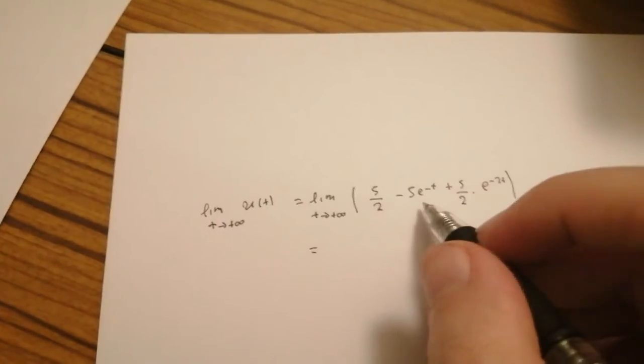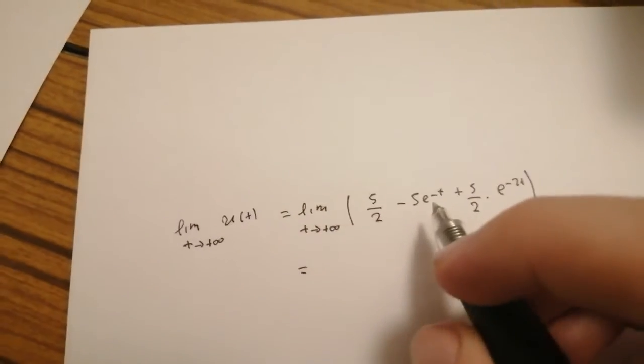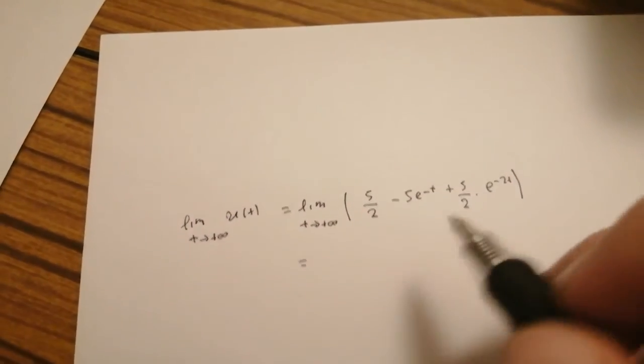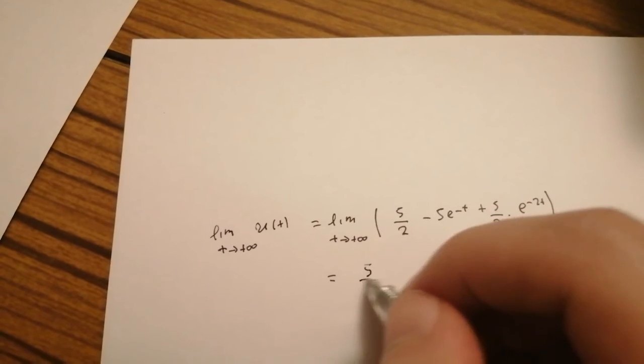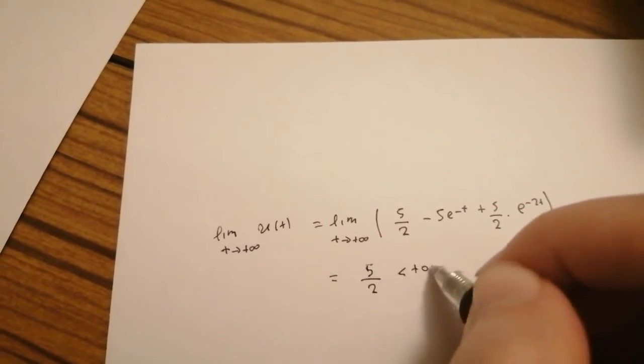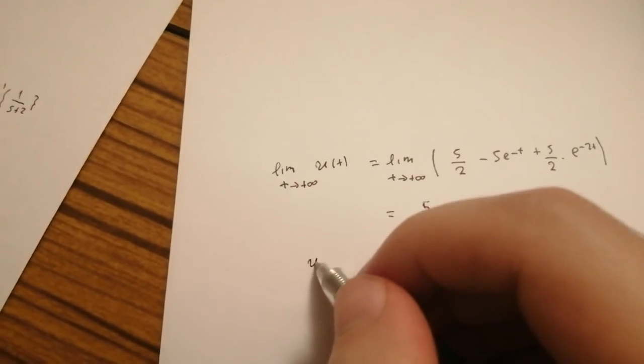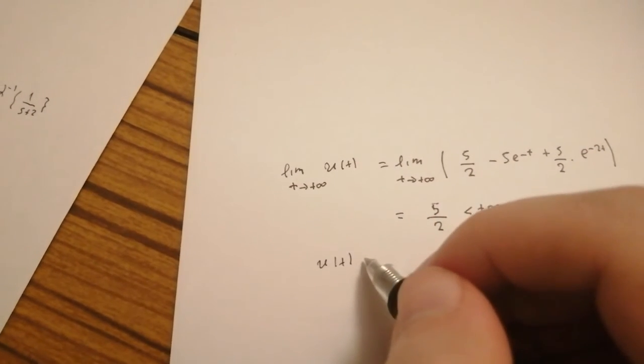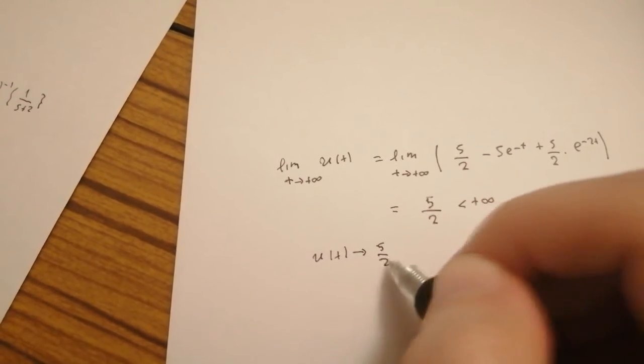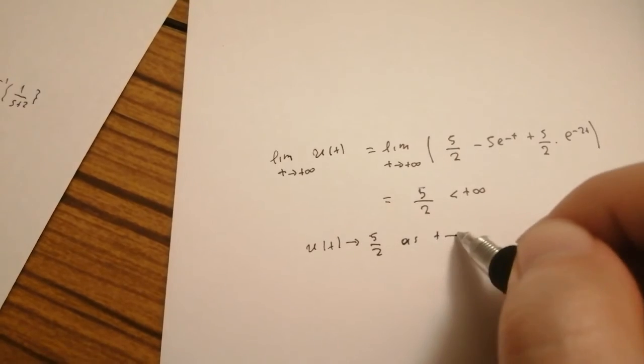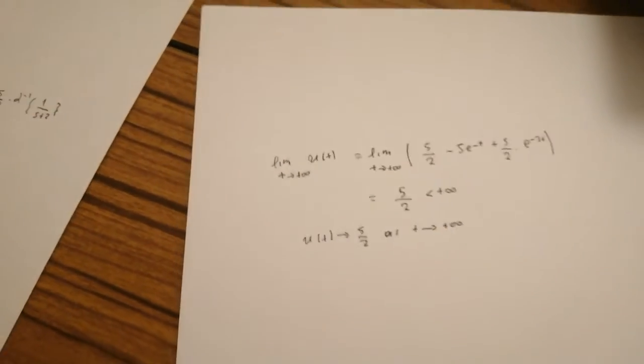The exponentially decaying functions go to 0, so it's 5 over 2. So u of t goes to 5 over 2 as t goes to infinity.